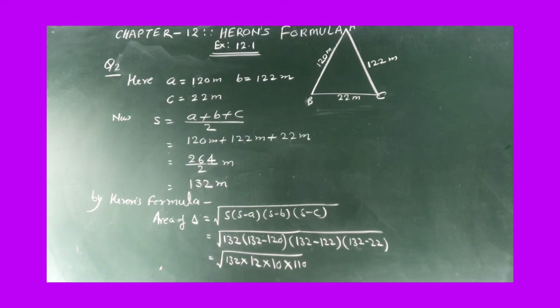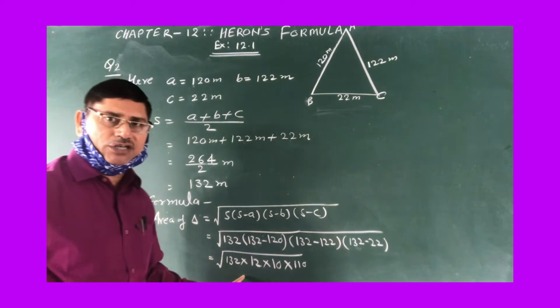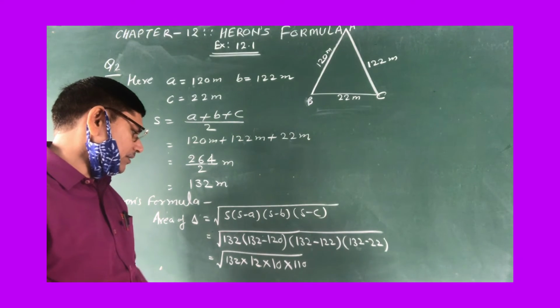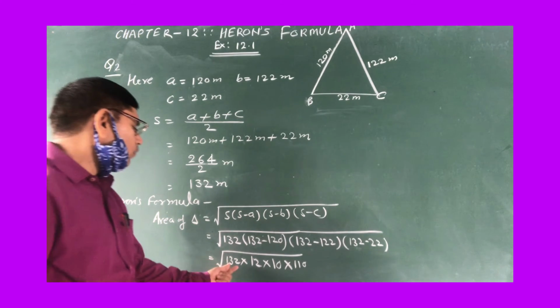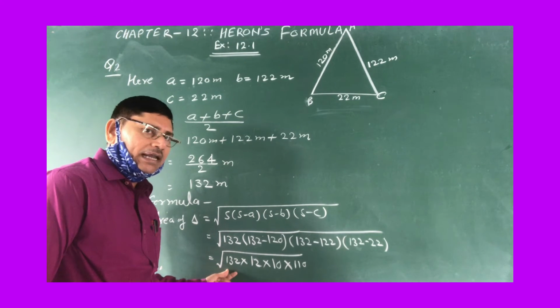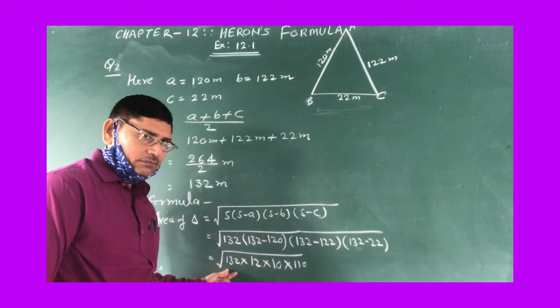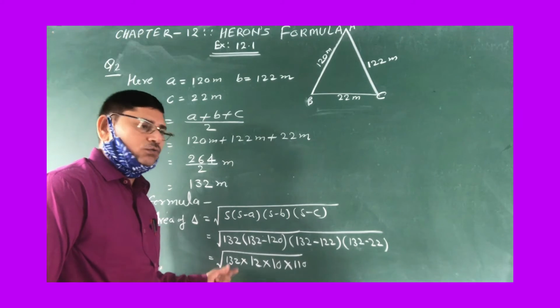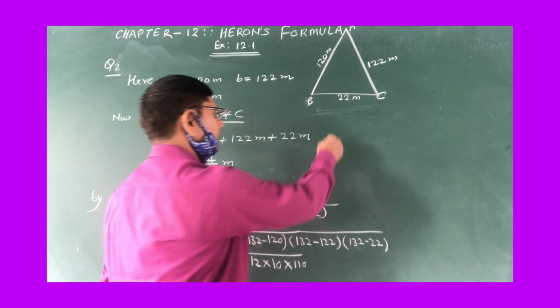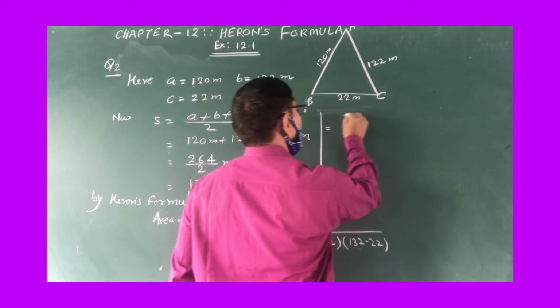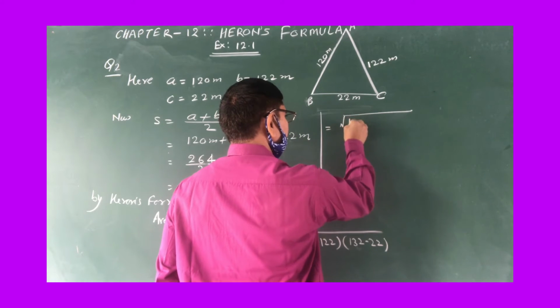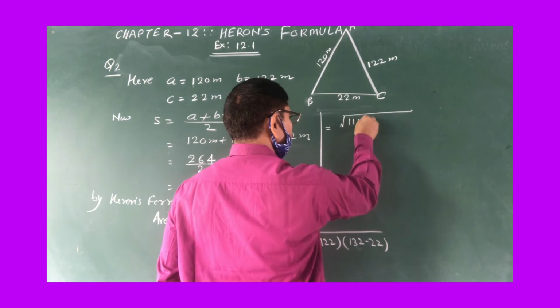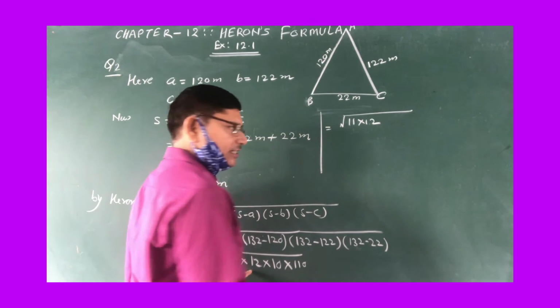So you will make the pairs of the numbers by prime factorization. आप फैक्टराइजेशन कर लीजिए तो देखिए यहाँ पे 132 को आप लिख सकते हो 11 into 12. 11 into 12 means 132. तो आप देखिए इसे हम लिखेंगे: 11 into 12, and 12 is same to same.